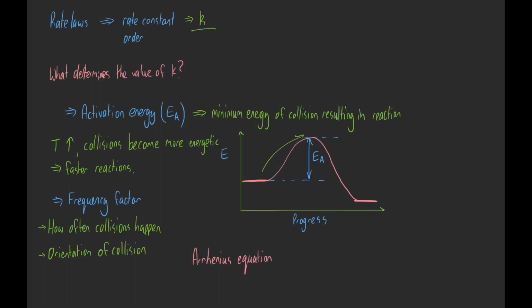And the Arrhenius equation tells us that the rate constant K is equal to this factor A, so this is our frequency factor, multiplied by the exponential of minus the activation energy over RT.